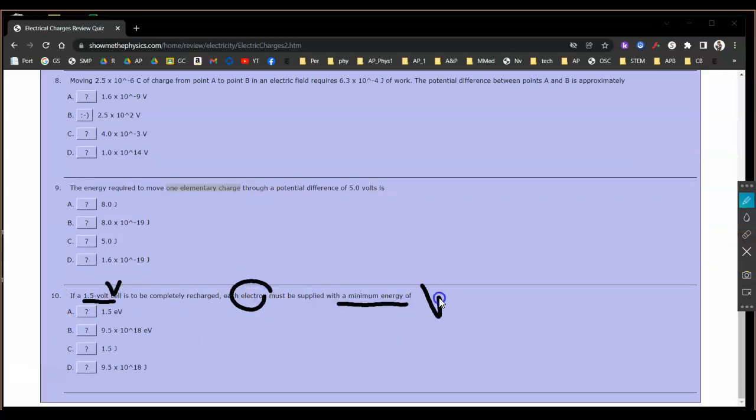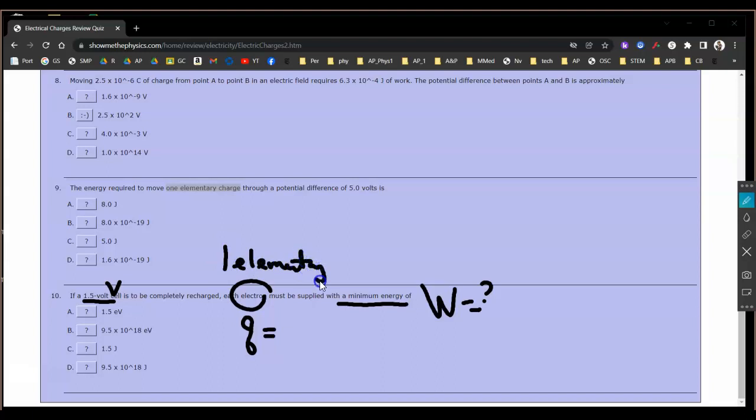There's my V. Oh, an electron, huh? What is the minimum energy? W equals question mark. What do I use? Now, look at the choices. Unfortunately, some of them are in joules, some of them are electron volts. This is a tough question. So what do I do? Let's try this. Maybe we could say 1 elementary charge.